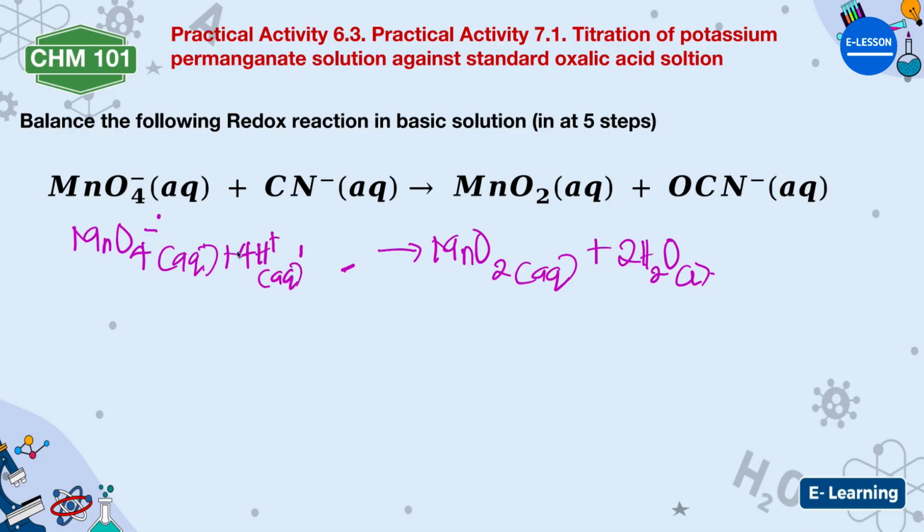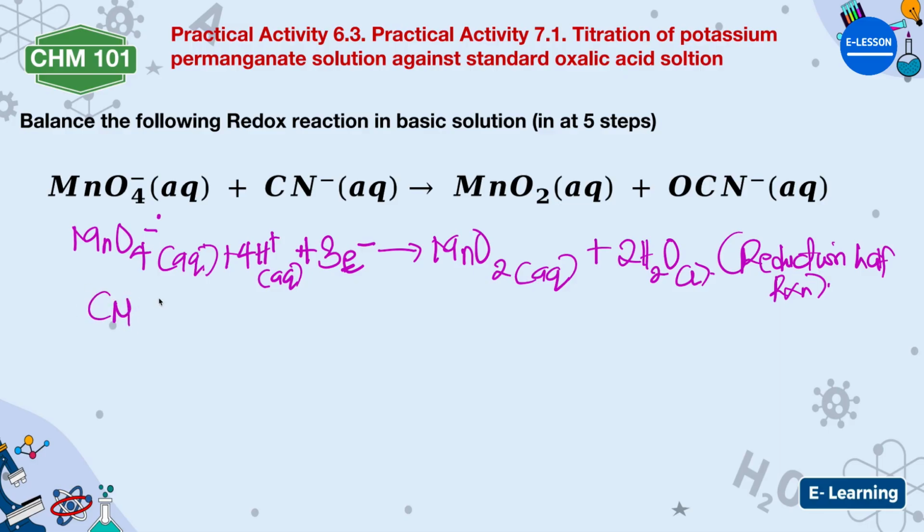The charge here is -1 plus 4 is 3+. Here there's no charge at all. So we must neutralize this 3+ by adding 3 electrons. Because the electrons are added at the reactant side, you say this is the reduction half reaction.